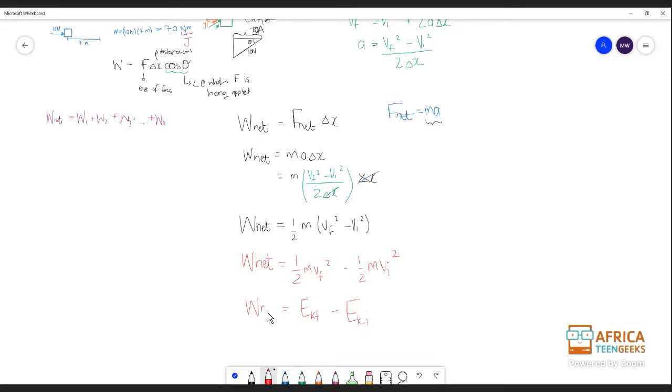So net work is actually just the change in your kinetic energy. Okay, and that is how we get to the work energy theorem.